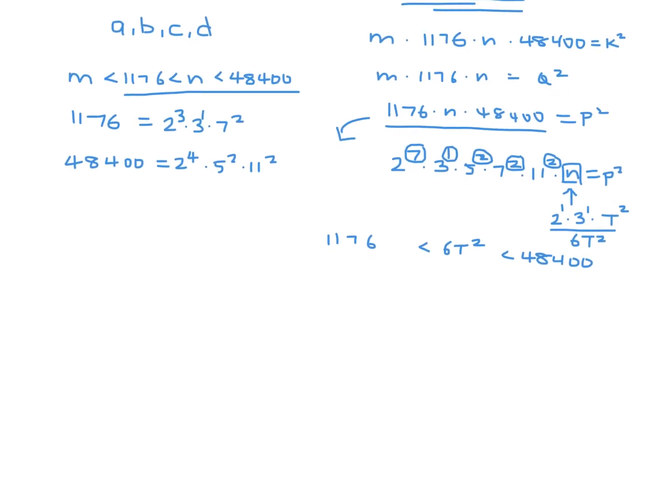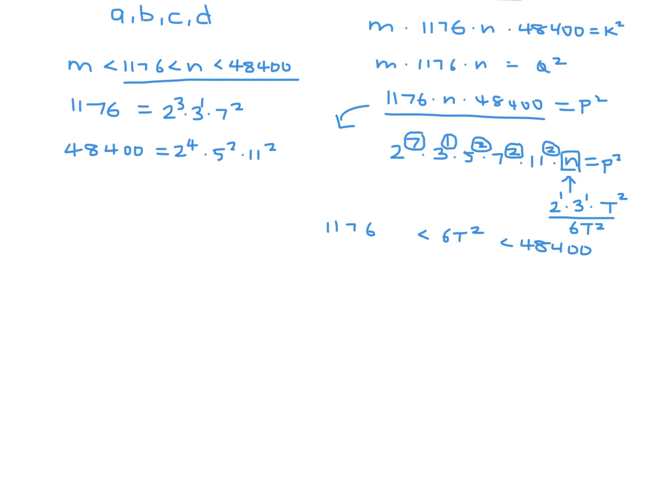Okay, I think I'm getting somewhere here. So let's divide through by 6, and when you do, you get 196 here for t squared, and here you get approximately 8066. Then take the square root, and when you do, you get 14 and approximately 89.8, I think.